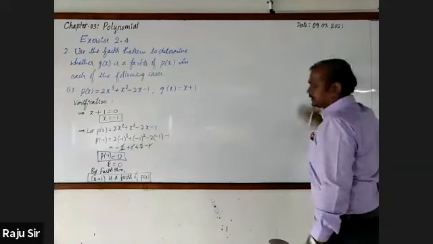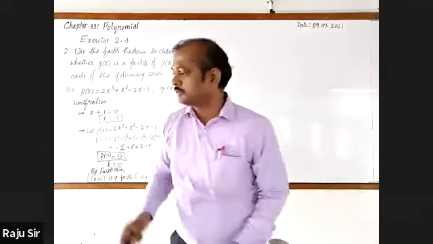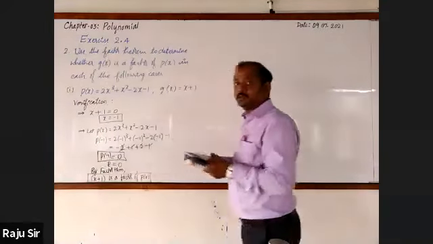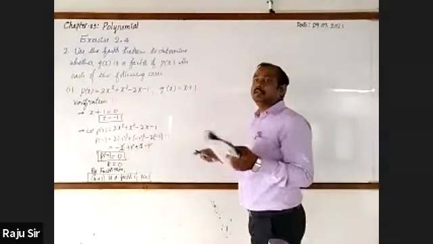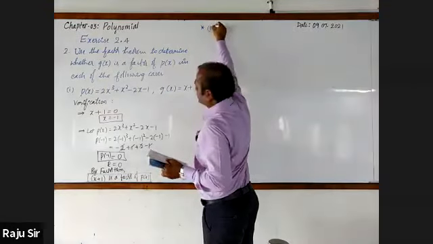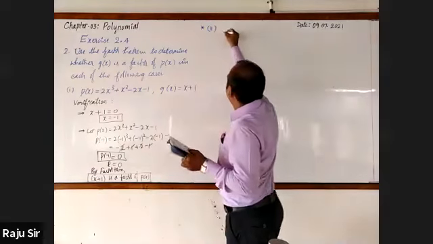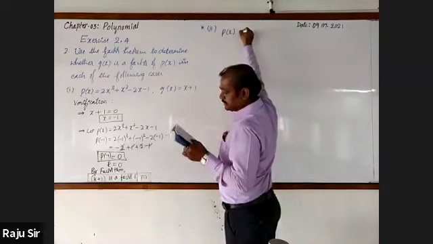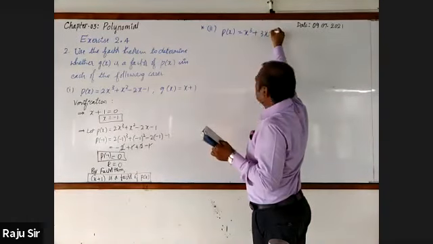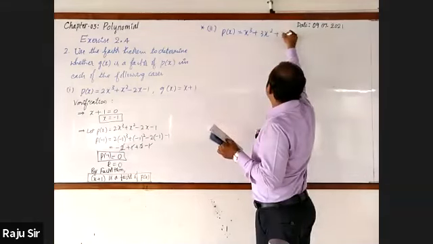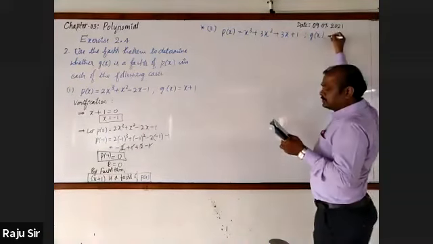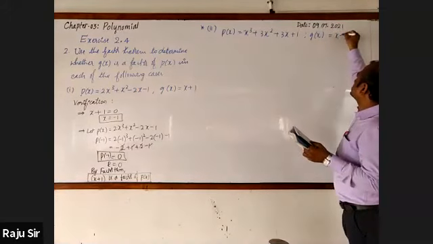Next, second sub question. You just put a single star mark. Second one is P of X is equal to X cube plus 3X square plus 3X plus 1, where G of X is X plus 2.